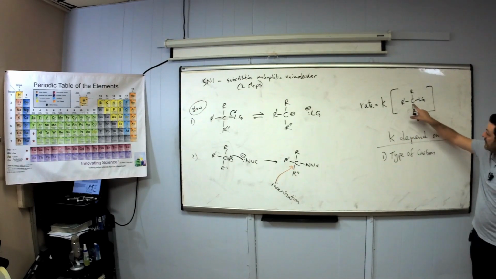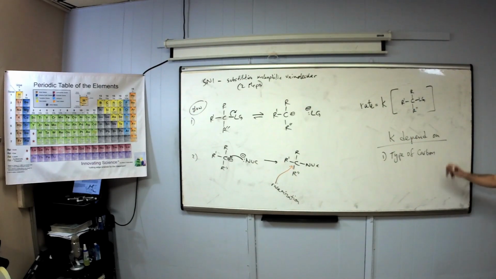K will depend on the type of carbon. And what kind of carbon is that? Well, you could have primary, secondary, tertiary, and so on. The best kind of carbon, actually, would be a resonating carbon. That would be better than tertiary. That would be better than secondary. And no primary for an SN1.